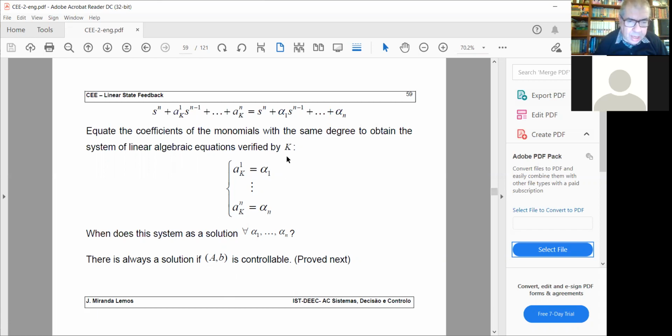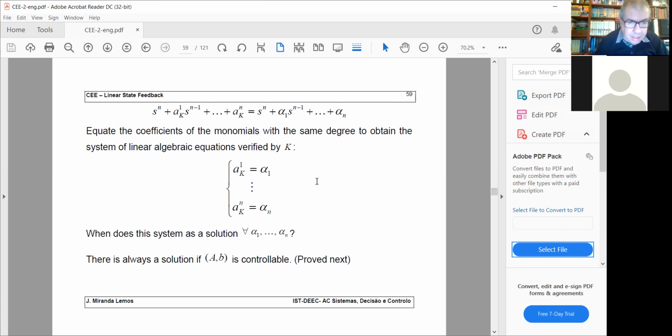One practical way to solve the problem for very low order systems, say second order or third order, no more than that, is to actually solve this by hand. So you have these equations and you solve them by hand. This is the method of unknown multipliers.